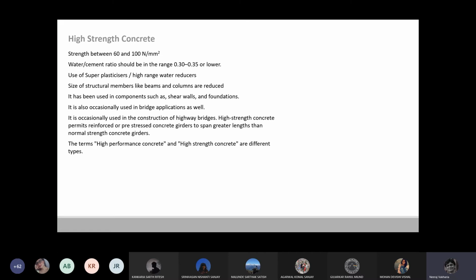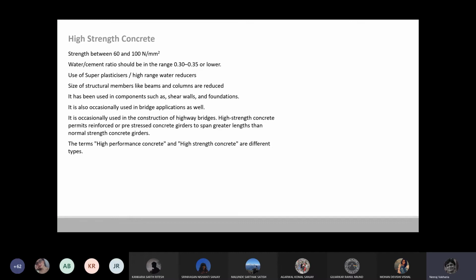Again, it is not just the high strength concrete, but the placement of it with the reinforcement and post tensioning techniques, the newer techniques, and how we use it, all together that makes a huge structure. So this is just about the concrete and not the whole element which we are talking about.